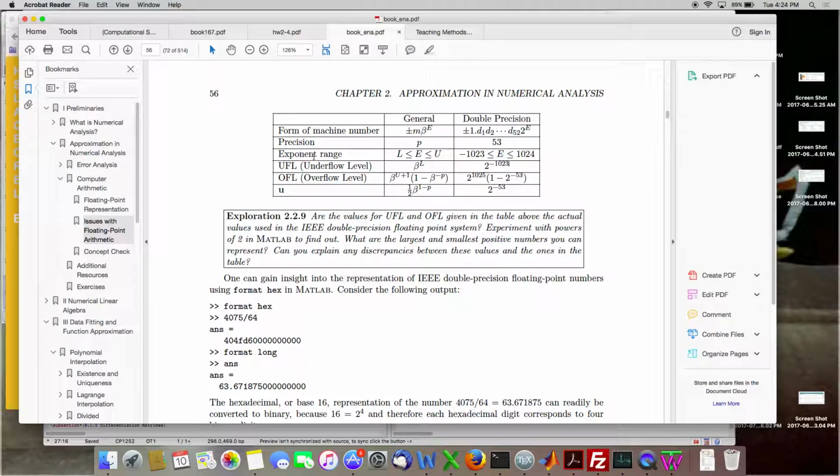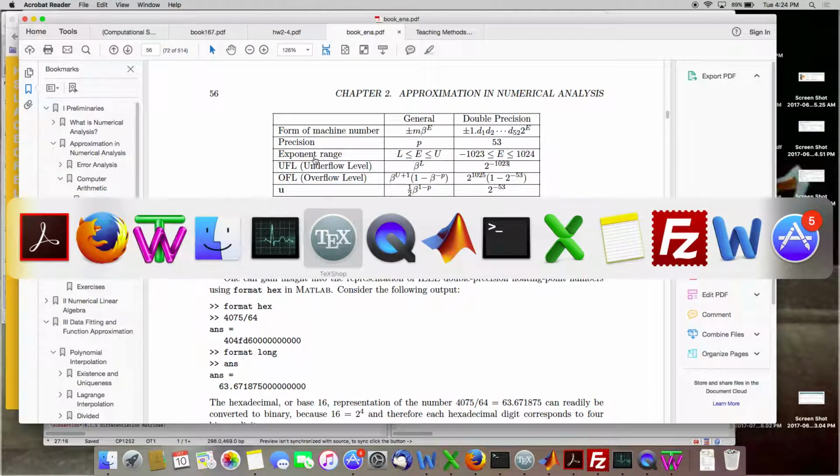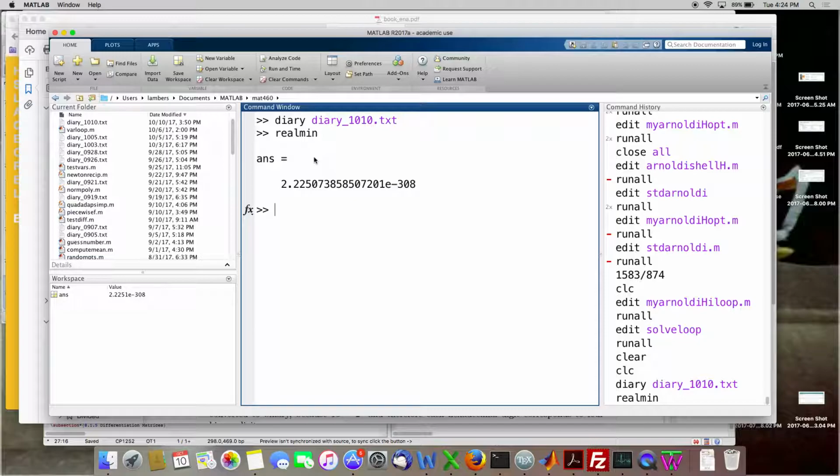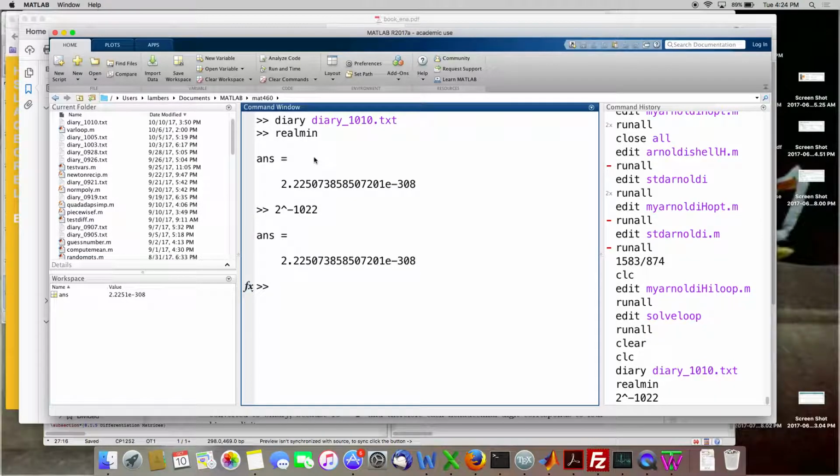And how is that reflected in the exponent? To give you an idea about that, I'll flip over to MATLAB here. Real min is actually, that'd be 2 to the minus... Oh, you schmucks. Okay.